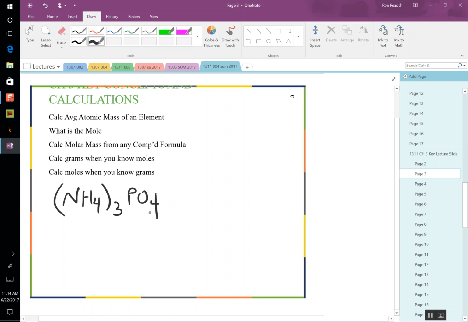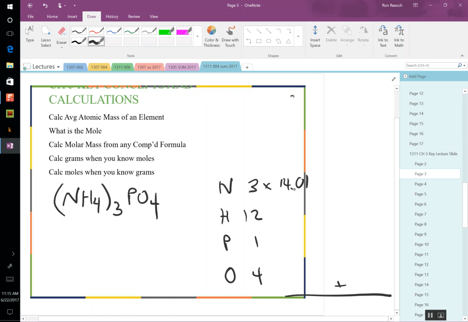To do a molar mass, we're just going to fly through some of this stuff. You've got to figure out how many elements you have here. So you've got nitrogen, hydrogen, phosphorus, and oxygen. How many nitrogens? 3. How many hydrogens? 12. Phosphorus? Oxygen?